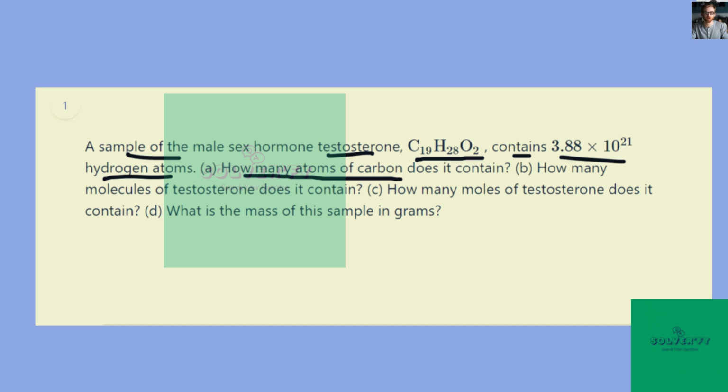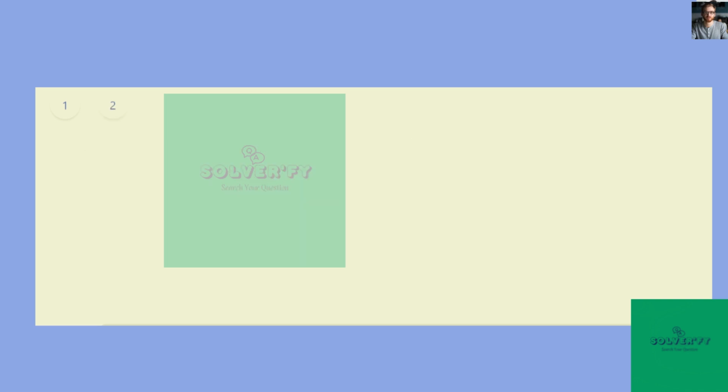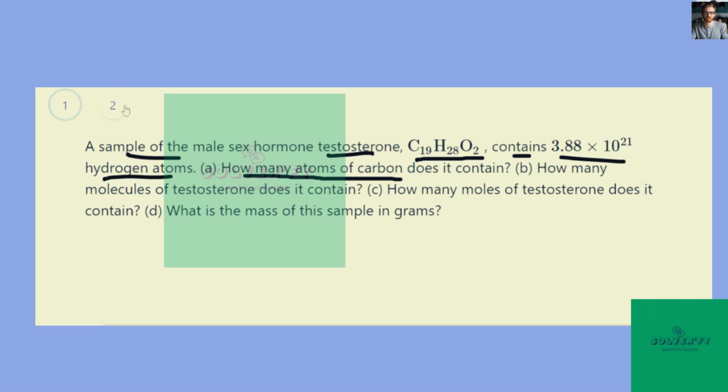If we let the number of atoms of carbon contained in this sample be X, then we can set up a ratio of carbon and hydrogen atoms in the sample and in one molecule of the compound.